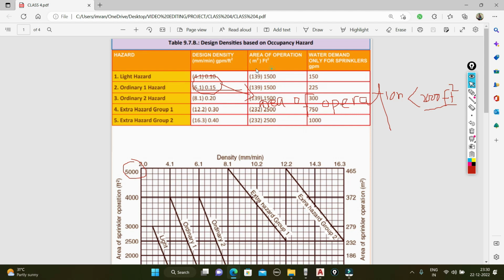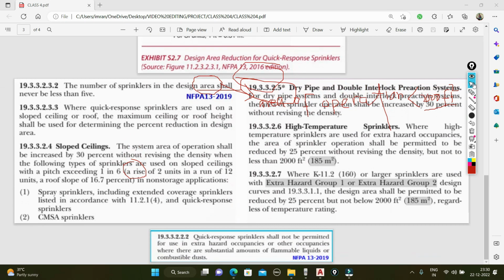But the quick response sprinkler we use only in light hazard or ordinary hazards. The quick response sprinkler we will not use in extra hazard. Okay, as per NFPA 13 2019, it's mentioned that where there is a substantial amount of flammable liquid, we cannot use the quick response sprinkler.